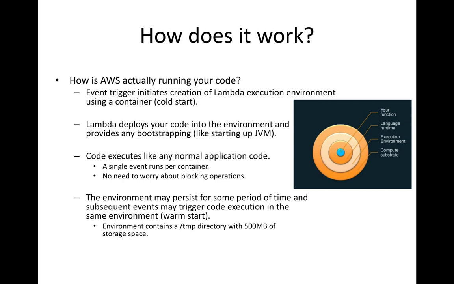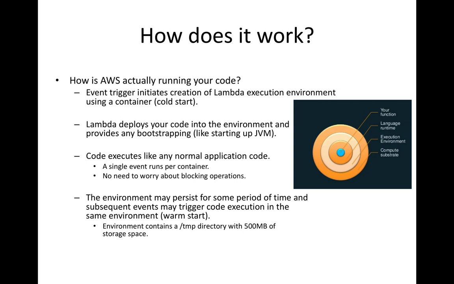So if your Lambda function is triggered and executed in an existing container environment, then the Lambda function will actually run faster because it doesn't have to go through the Lambda environment creation and bootstrapping phase. And we call this a warm start.